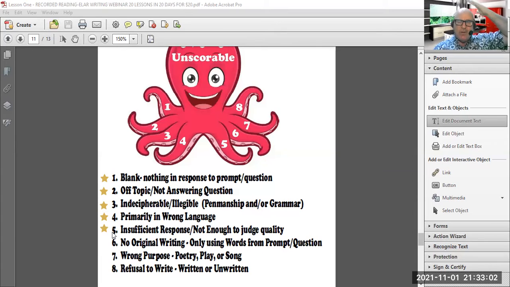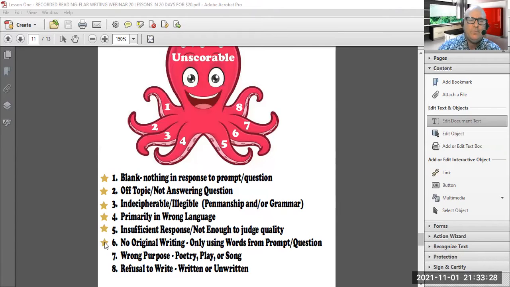Every time I touch the top of my head, I remember if I make a circle around my head and I draw a little line right here, that's a question. If we ask the students a question about who, what, when, where, why, which, how, whether, and there's not enough there, then they can give it a 0 for insufficient response.